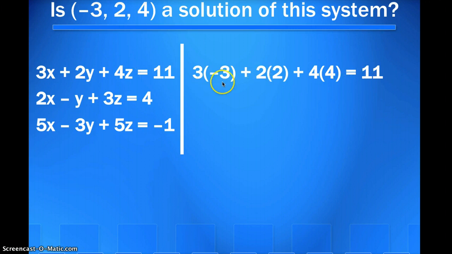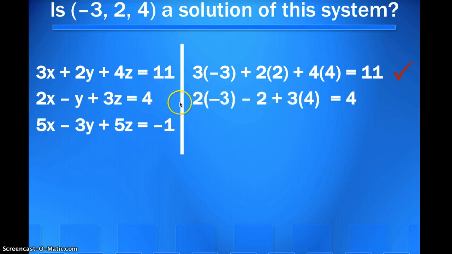If you multiply 3 by negative 3, add that to the product of 2 and 2, and then add that to the product of 4 and 4, you will have 11. So for this equation, it's true. Let's keep doing that for the next two equations.